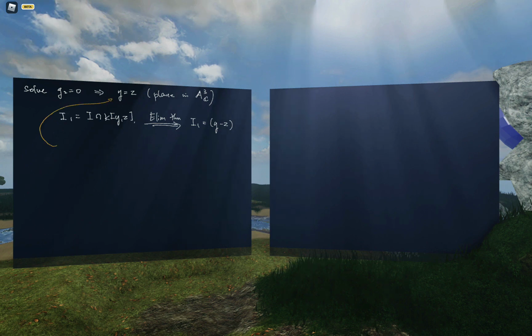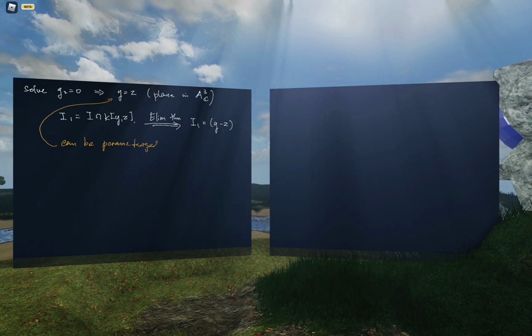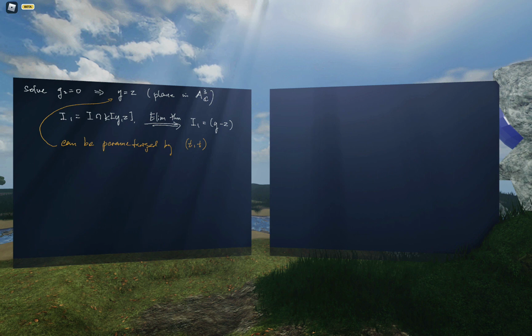So this thing here can be parameterized by (t, t), because y and z are the same. t is just a parameter. I guess this is in A2, and y is z.